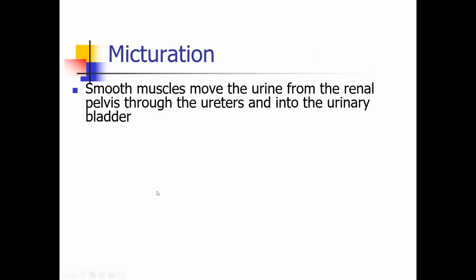All right, micturition. Smooth muscles move the urine from the renal pelvis through the ureters into the urinary bladder. Now, remember I told you I was going to tell you how you maintain high pressure in the bladder and really low pressure in the rest of the urinary system.